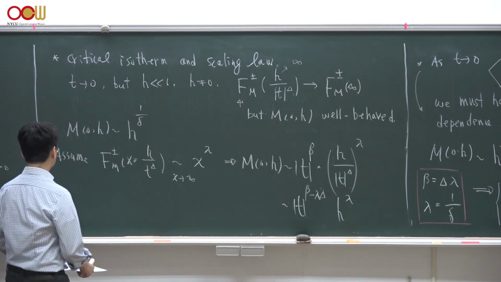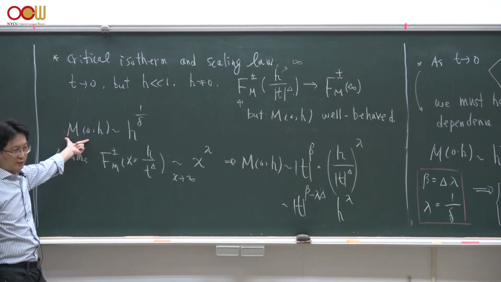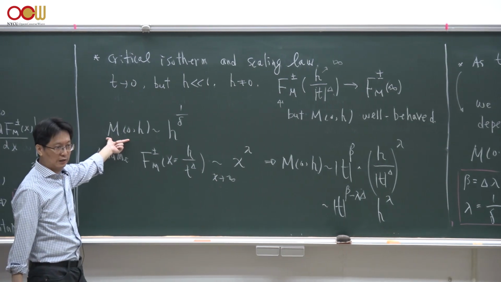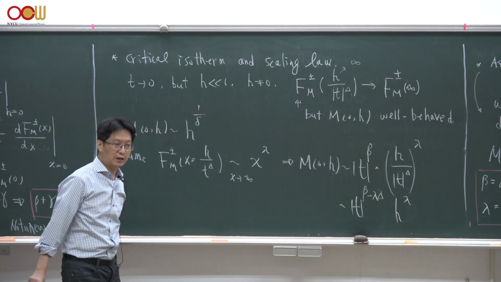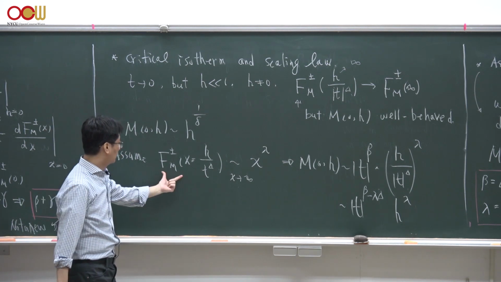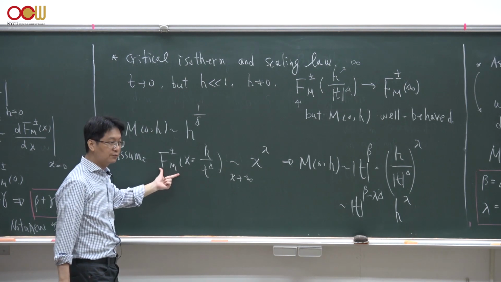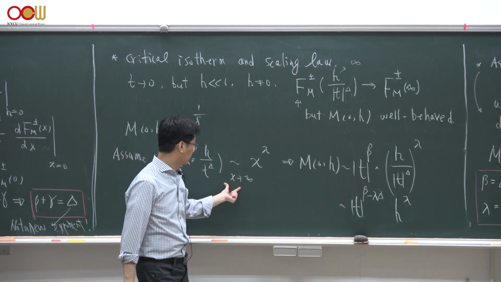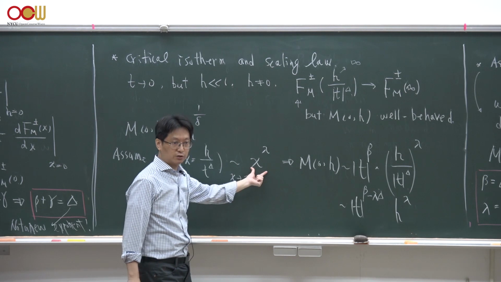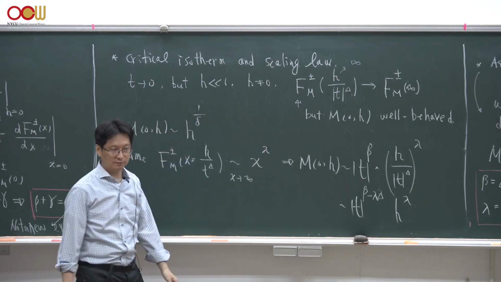So again, we know that this is the standard definition of the magnetization at the transition temperature, but at finite field, which behaves as h to the power 1 over delta, and we further assume that this f function, f plus minus as a function of x, in the limit of x goes to infinity, behaves as x to some power, which we call lambda.